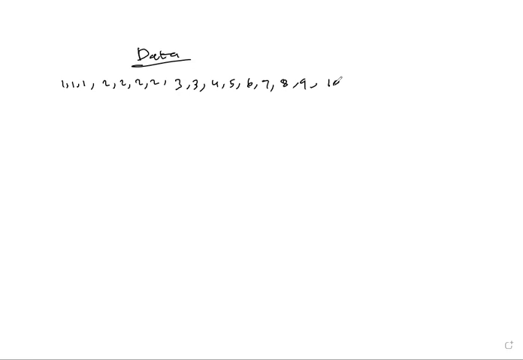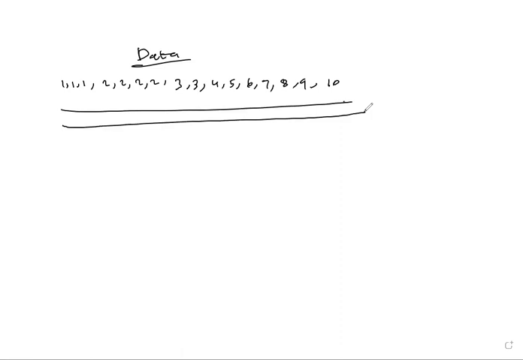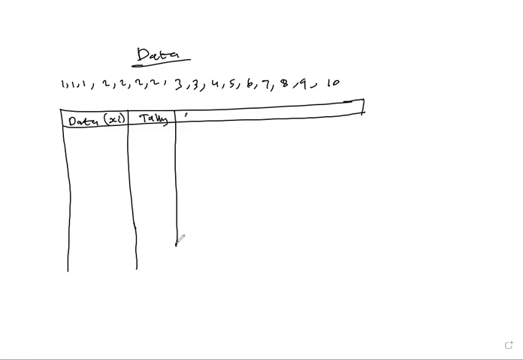And then we had drawn a table. So we had the data, which is just xi. Then we have the tally, then we have the frequency.